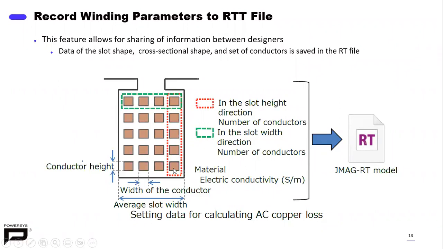This kind of information is available from version 22.0 when we are creating the RT model. Previously that was not the case. It is especially useful if some other engineer is going to work with the same RT file, because he will know exactly the width of the conductor, the average slot width of the machine, and the conductor heights in the height direction as well as the width direction.